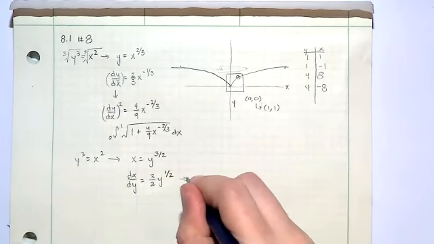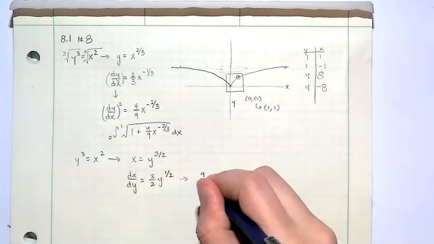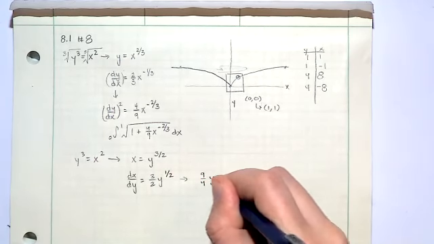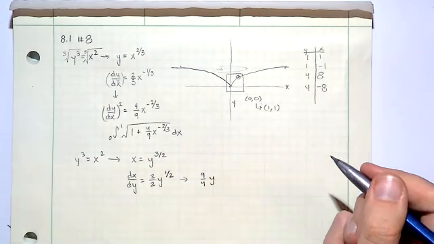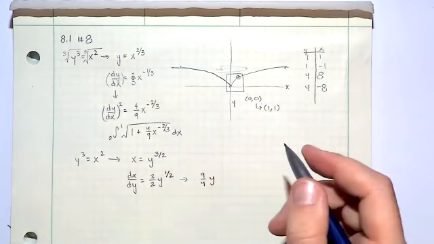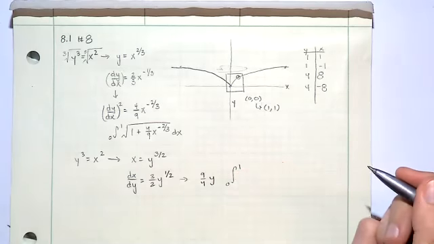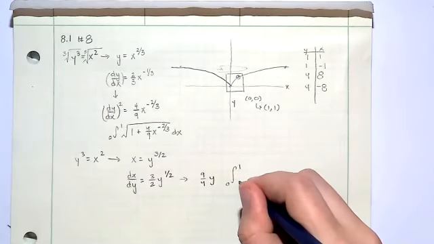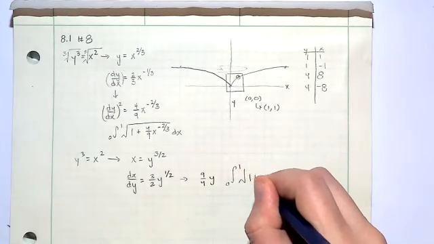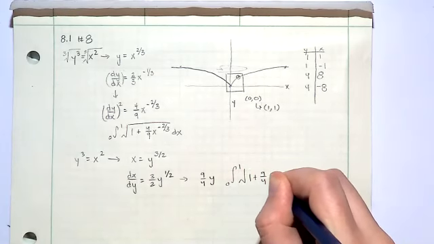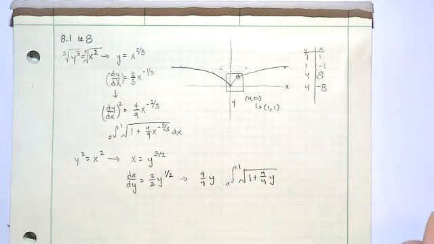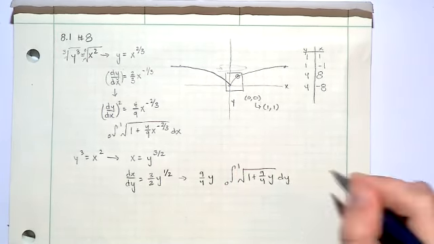And if we were to square it, then we would have 9/4 y. So that means that we'll go from 0 to 1 again because they match. 0 to 1 of square root of 1 plus 9/4 y dy.